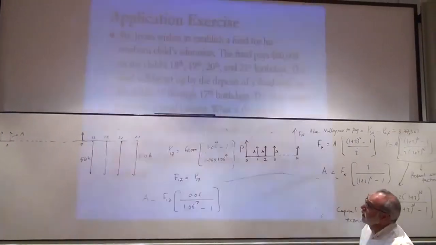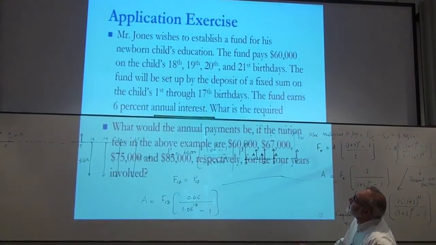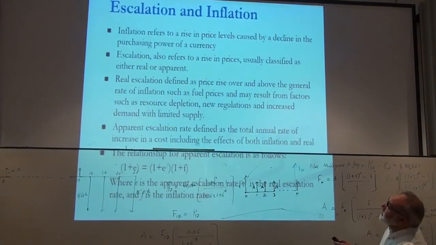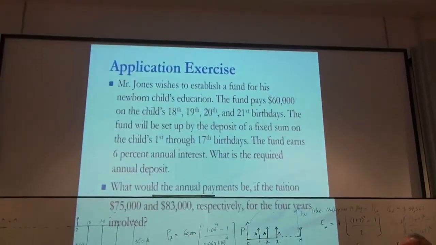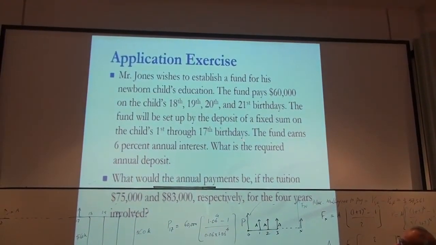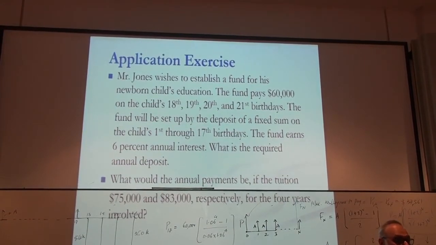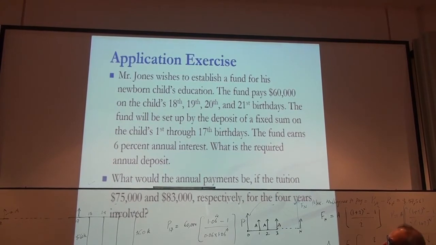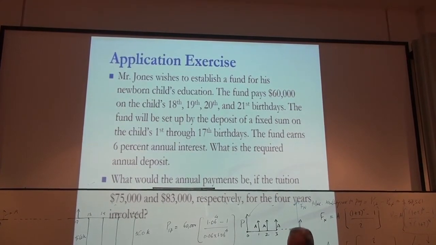So if you see over here, he only puts in for the first to 17th birthdays, sorry. He is only putting in for the first through 17th birthdays. So it's a given. It's not an assumption over here. We are given this situation that he is just putting in for the first 17 years.